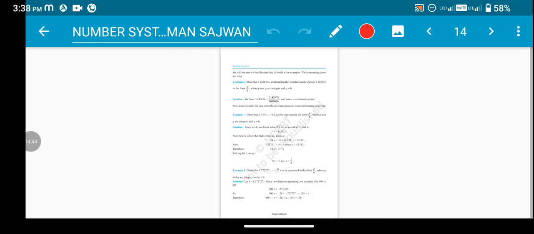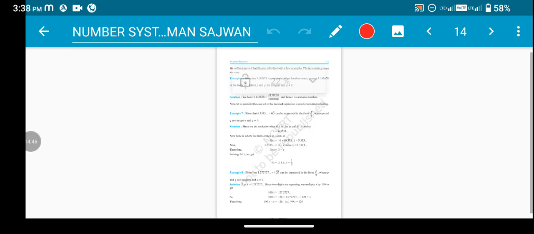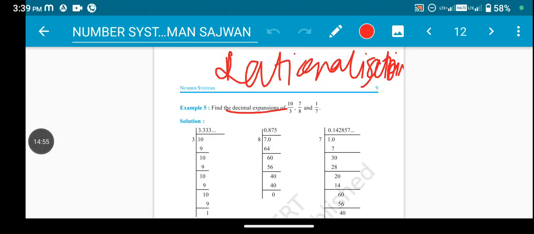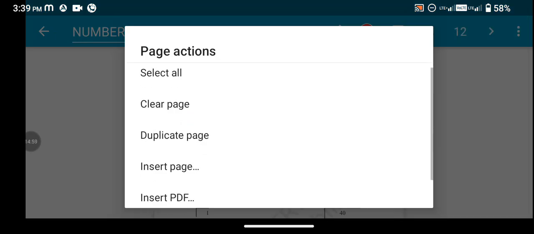Now first I am telling you rationalization here. Wait a second. Okay, we were talking about rationalization. I will tell you what it is.